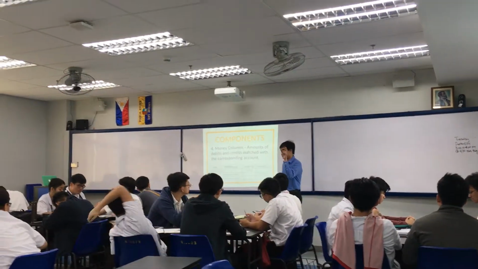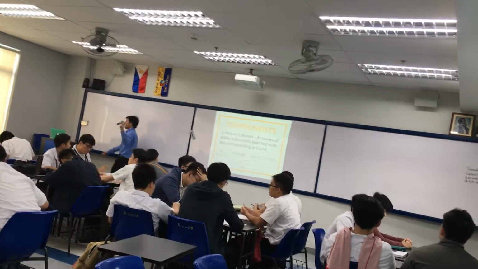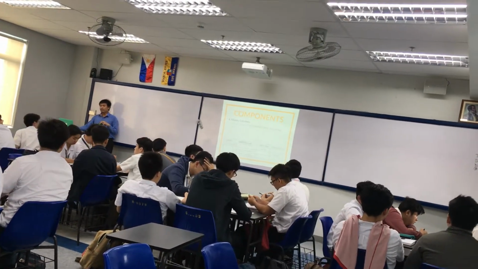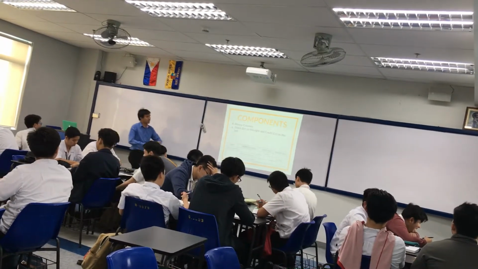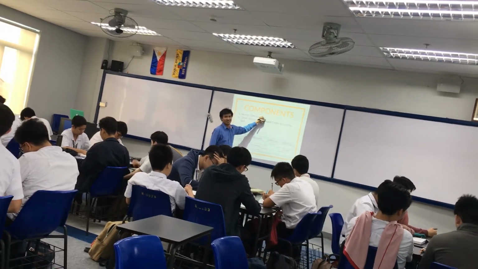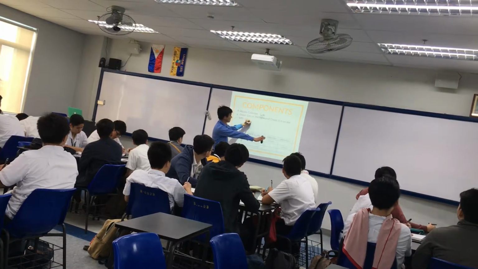Questions so far? None? Okay. So the money columns, gentlemen, are as follows. The debit should always be on the left. Credit should always be on the right.